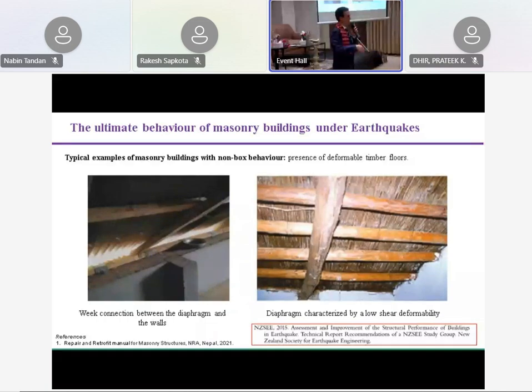It is also much more difficult to include deformable floors in our models. Here I reported a reference to the New Zealand code providing some guidelines about this. But in this case, the model of the entire building is something much more complex.